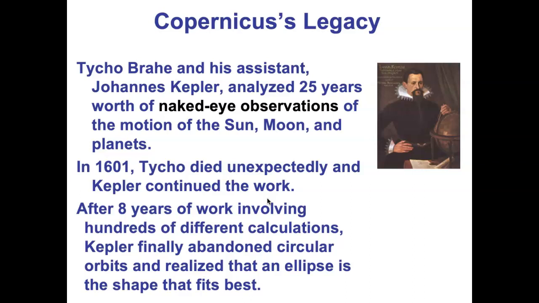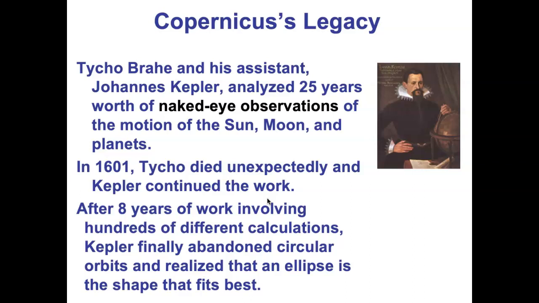And so he did this. Tycho Brahe and his assistants went out every night for 25 years. And every night they went out and measured by naked eye. Telescopes still haven't been invented yet.